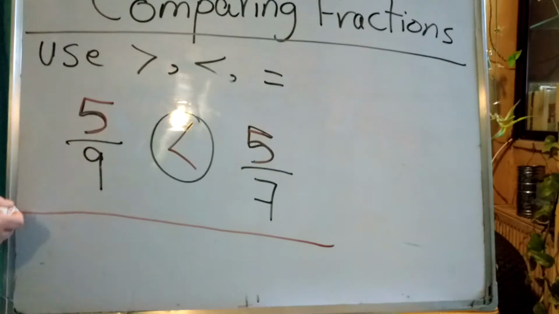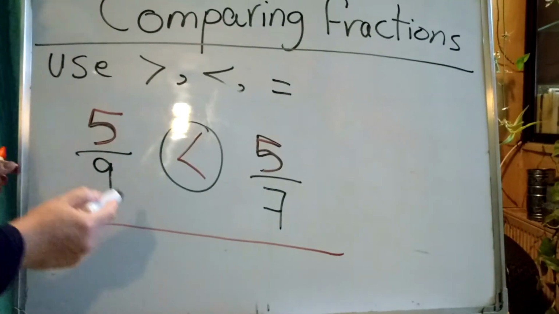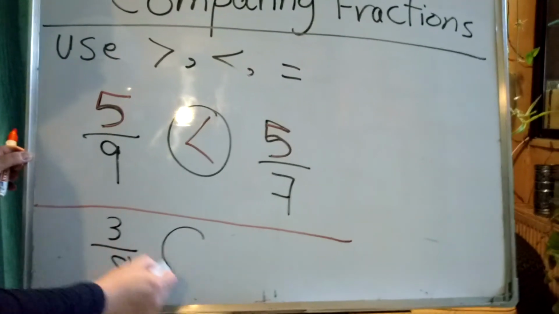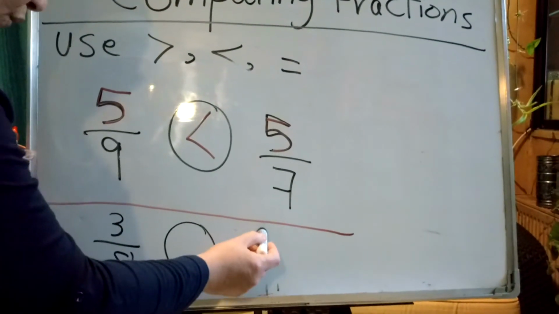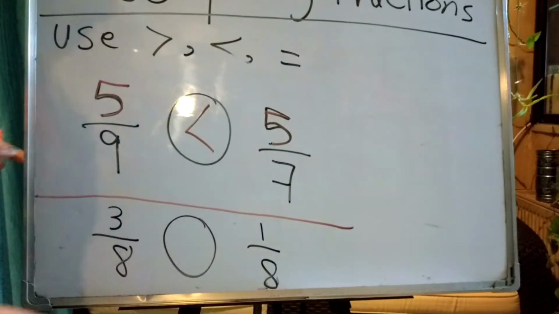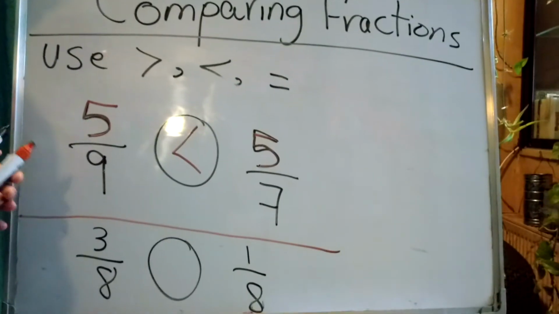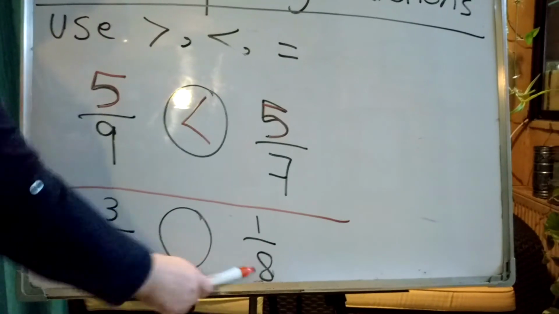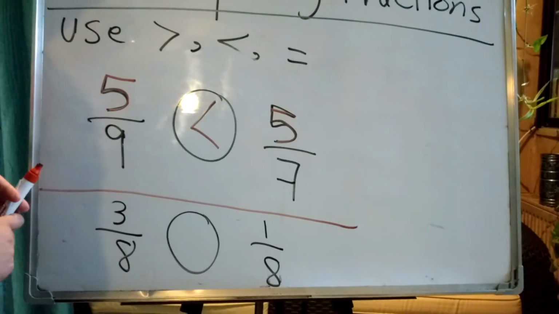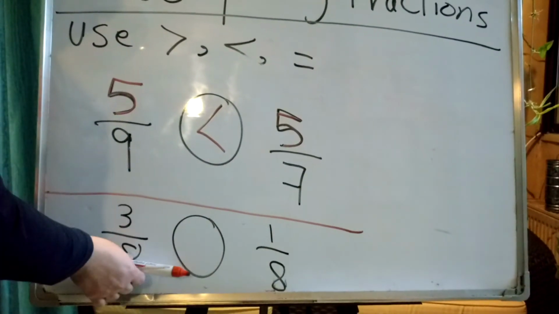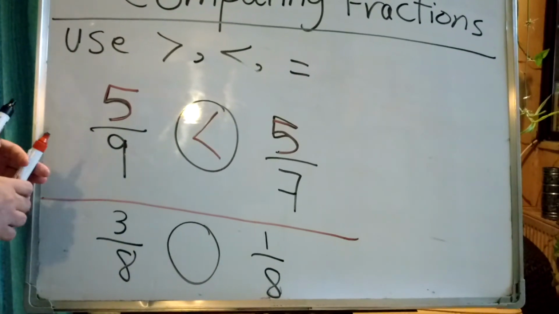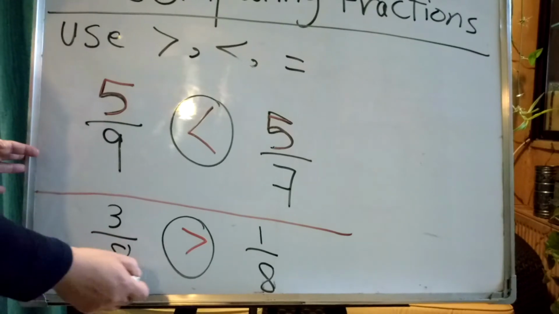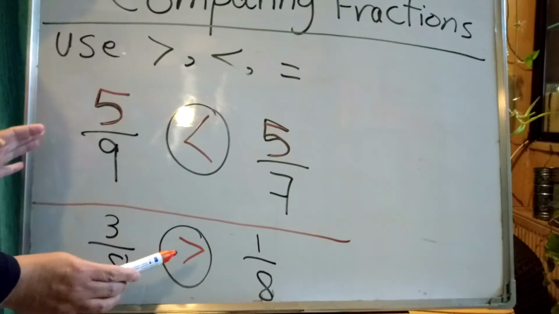Now, one more example. If we have 3/8 and 1/8, here it's the first situation, when you have equal denominators. When you have equal denominators, you compare depending on the numerators. 3 is greater than 1, so 3/8 is greater than 1/8, normally.